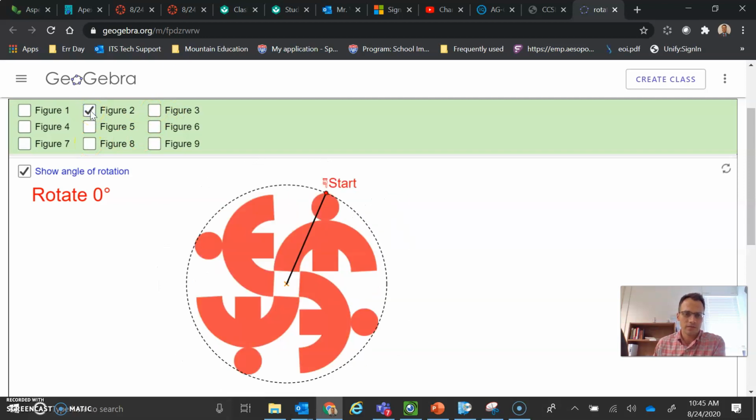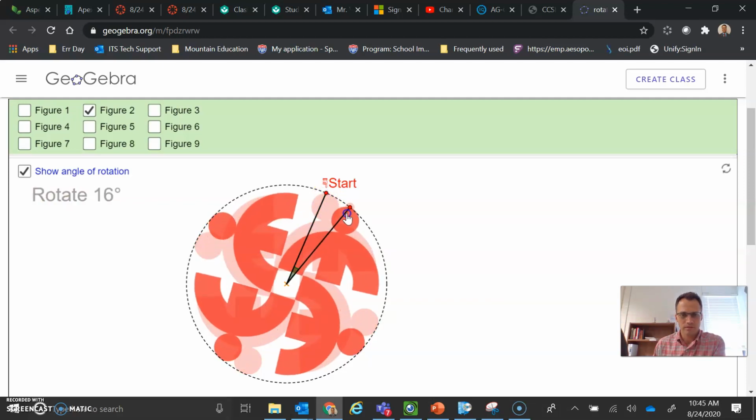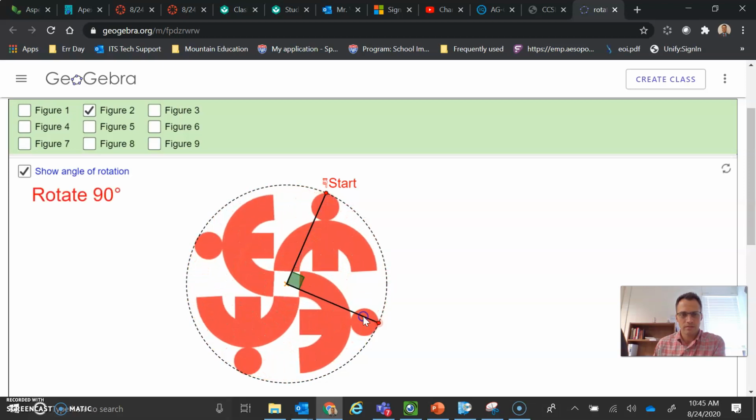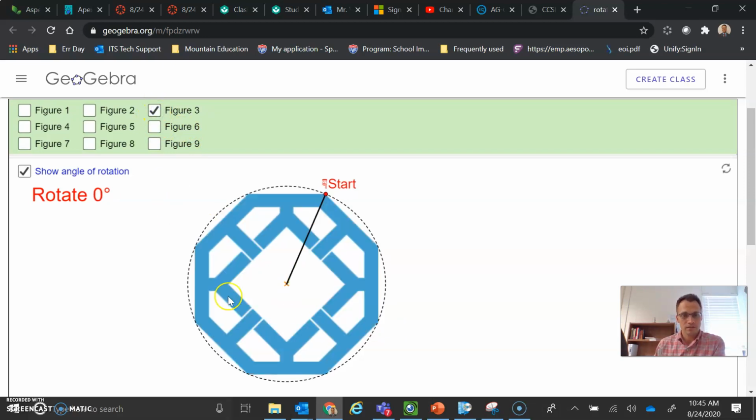So let's say on figure 2 I'm looking at 4 people, so I'm thinking that it's going to be 360 divided by 4, and that'll be 90. So when I rotate and I see the word 90, I know that I've just got that answer right. And then I think about multiplying by 2 and 3 to see some other rotational symmetry. So 180 and 270.